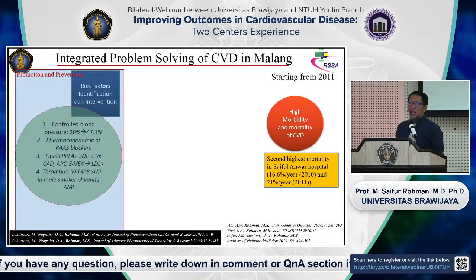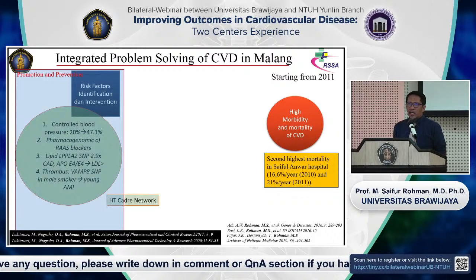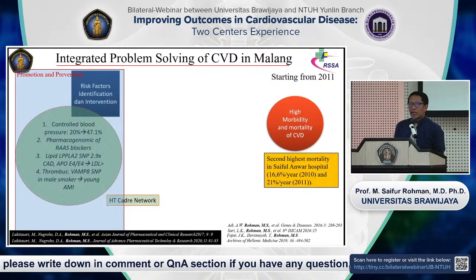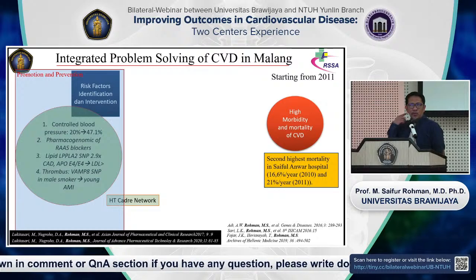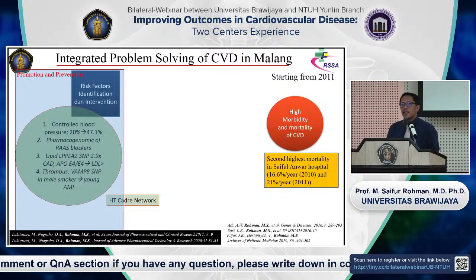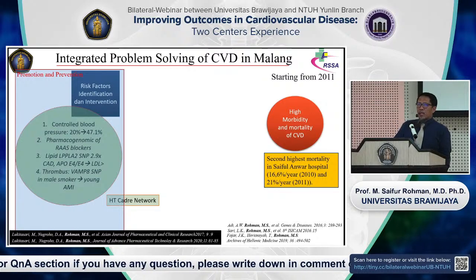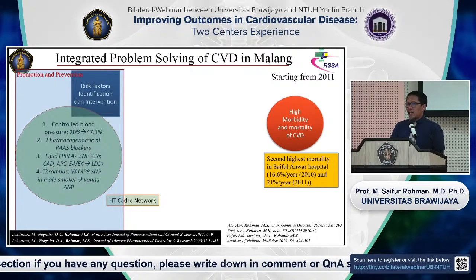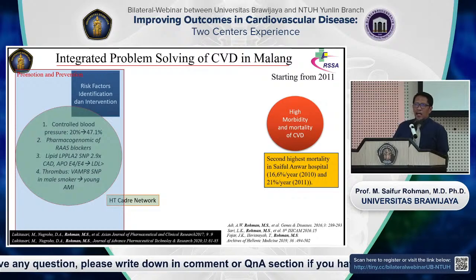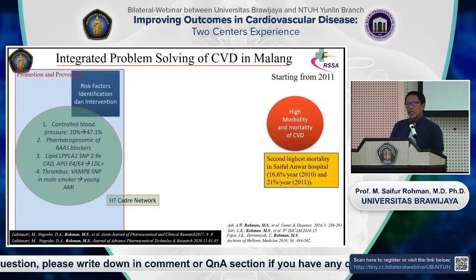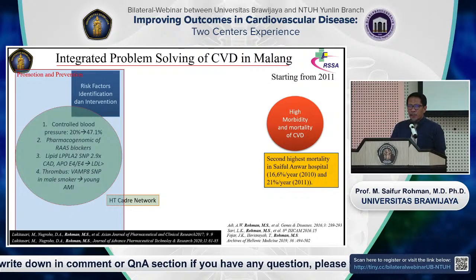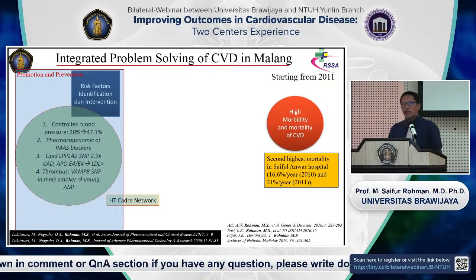This is our problem phase when I graduated from Harapan Kita Hospital in 2010. I faced many problems regarding the high mortality and morbidity of CVD, reaching 20% in-hospital mortality in cases of ACS.